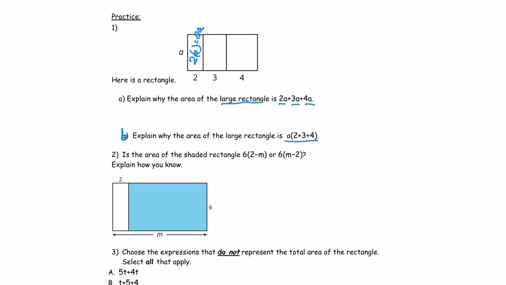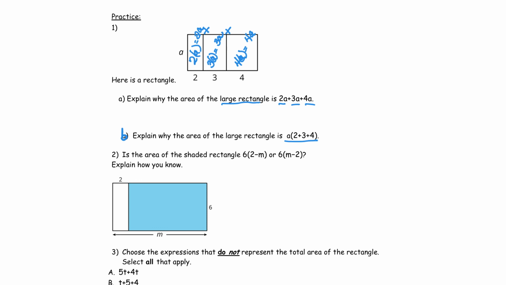The second one is 3 times a, which gets us a total of 3a. And lastly, we have 4 times a, which is the same as 4a. And when we have the models put together or combined, we can add them as 2a plus 3a plus 4a.